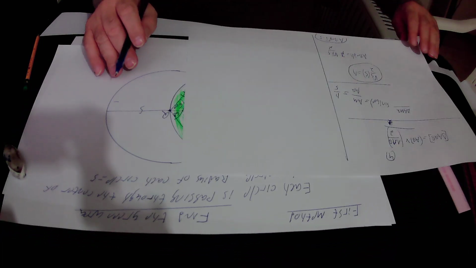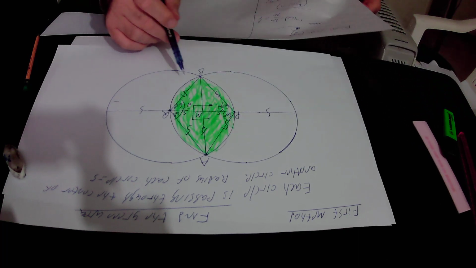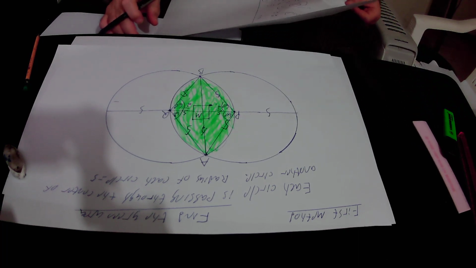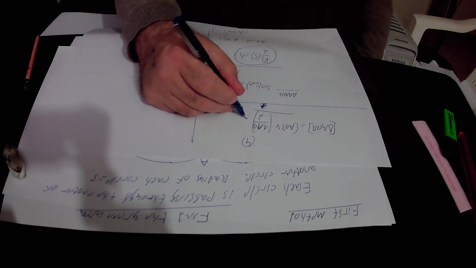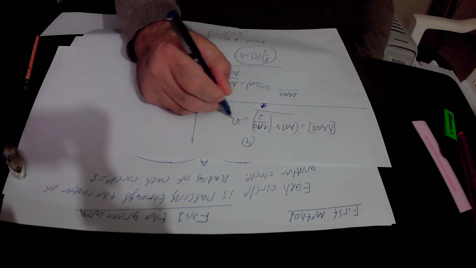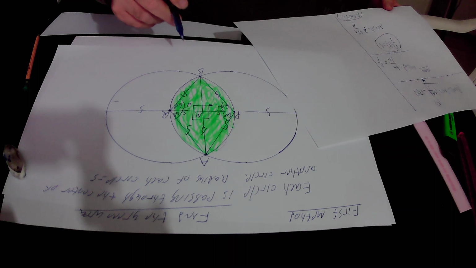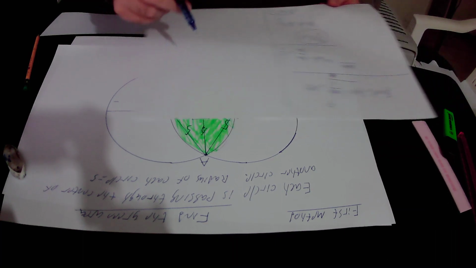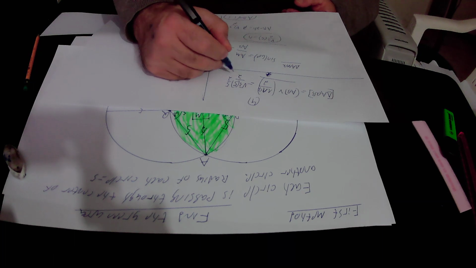And again, the area of triangle AQB is AB, that is actually square root of 3 times 5, times MQ. MQ is 5 over 2, all divided by 2.